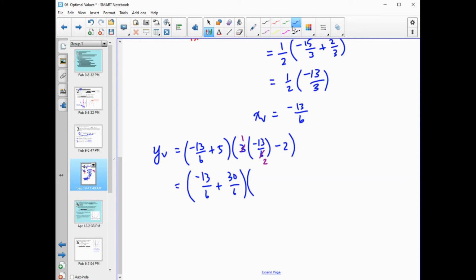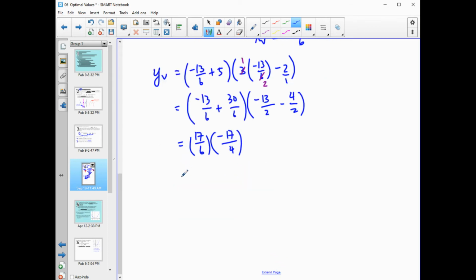So that first term in the second bracket becomes negative 13 over 2. And so I need a common denominator of 2. So I'm going to change 2 over 1 into 4 over 2. And so combining these, negative 13 plus 30 is positive 17 all over 6. Negative 13 minus 4 is negative 17 over 4.